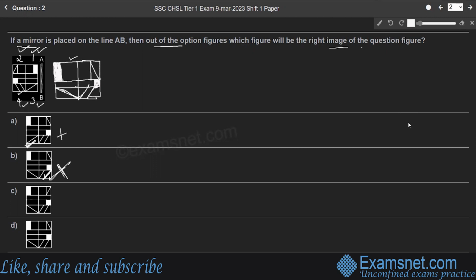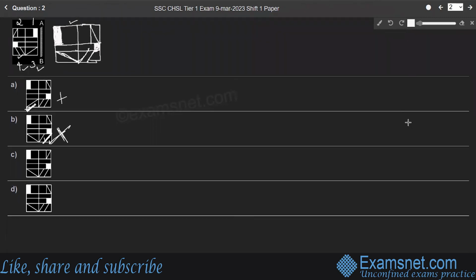Whereas in figure C, look at figure C, this part is wrong, right? Therefore, figure C is not the answer. Whereas figure D is exactly the same as the mirror image which I have drawn here, right? Therefore, option D is the right answer, which is the mirror image of the given figure. Therefore, option D.